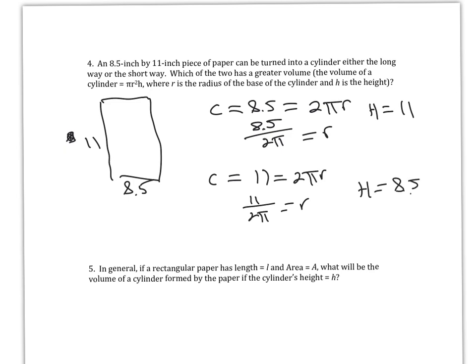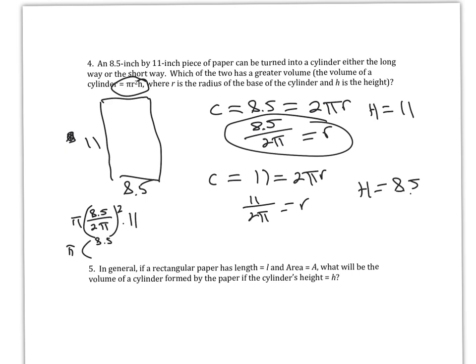Okay, so when we plug into our volume, pi r squared h, first we'll do this one. We're going to get pi times 8.5 over 2 pi squared times 11. Or for the second one, we're going to get pi times 11 over 2 pi as our radius, squared, times 8.5.